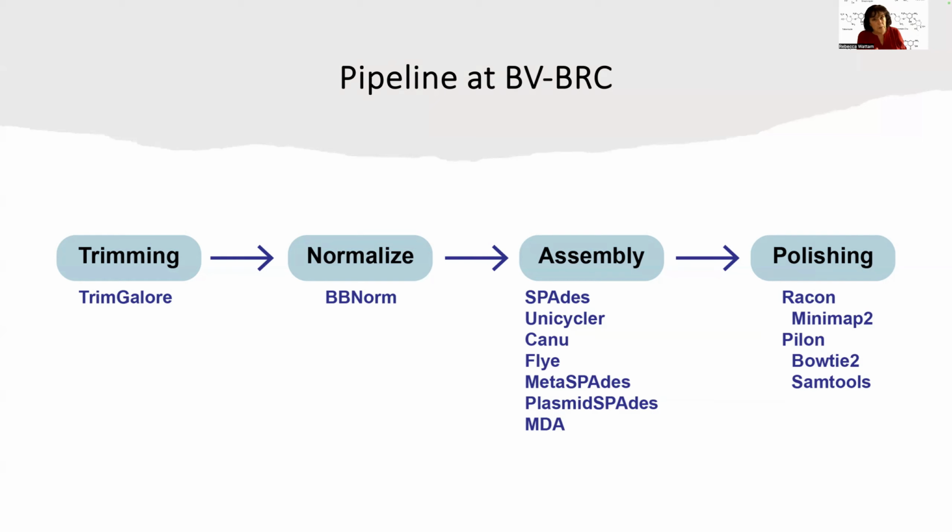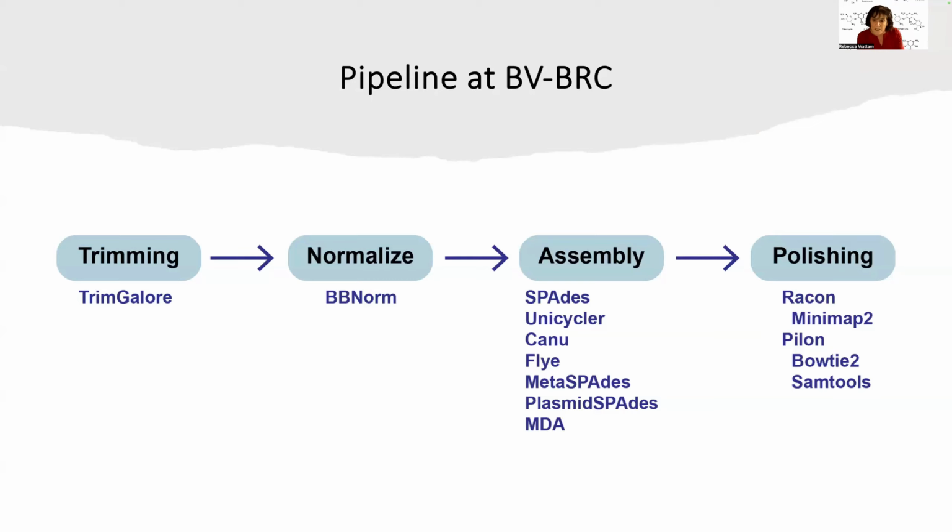So when we have normalizing turned on, it will take off some of the weight from the dense parts. This doesn't mean that the coverage becomes low. I've seen coverage at like 160x depth. So it doesn't mean that, but it's just trying to equalize it. It never does anything to the sparse areas. It brings down the number of reads where it's really densely populated. And this also makes the assembly go faster.